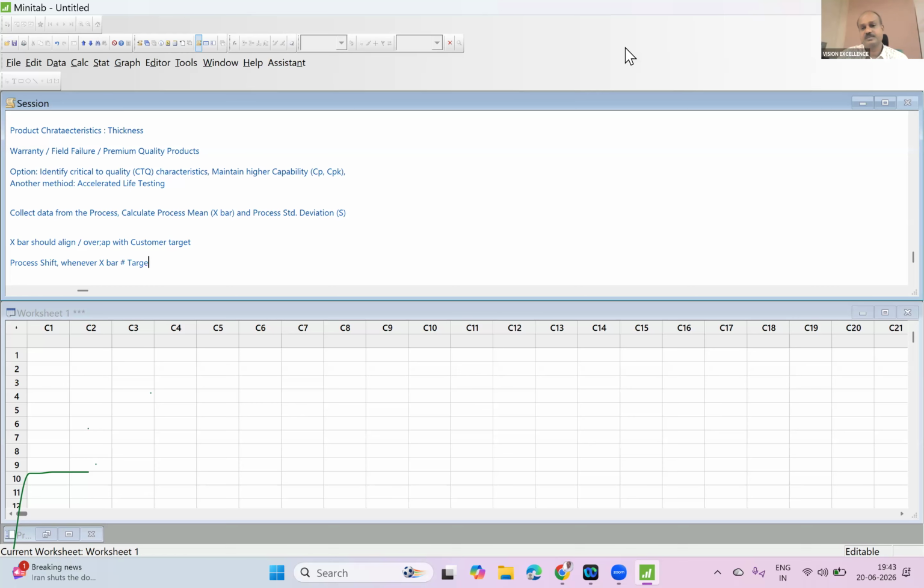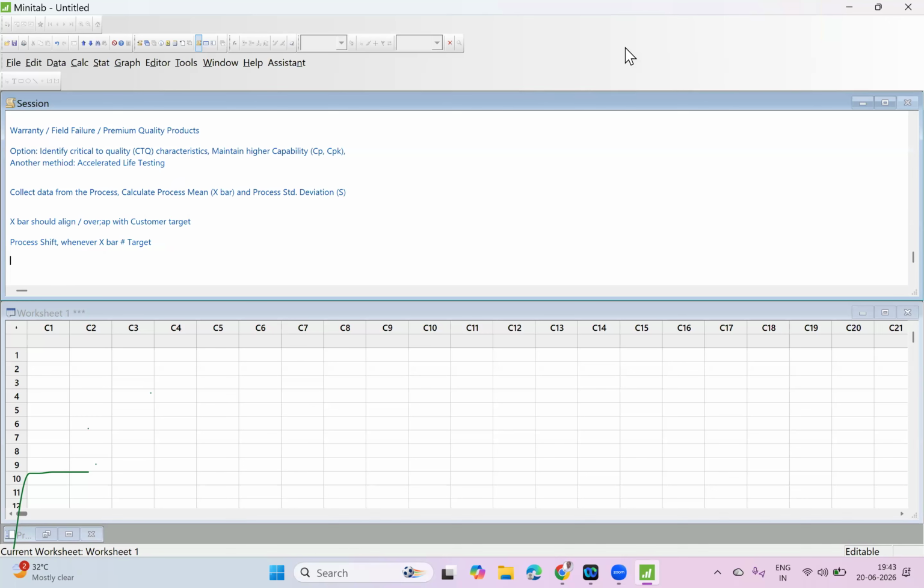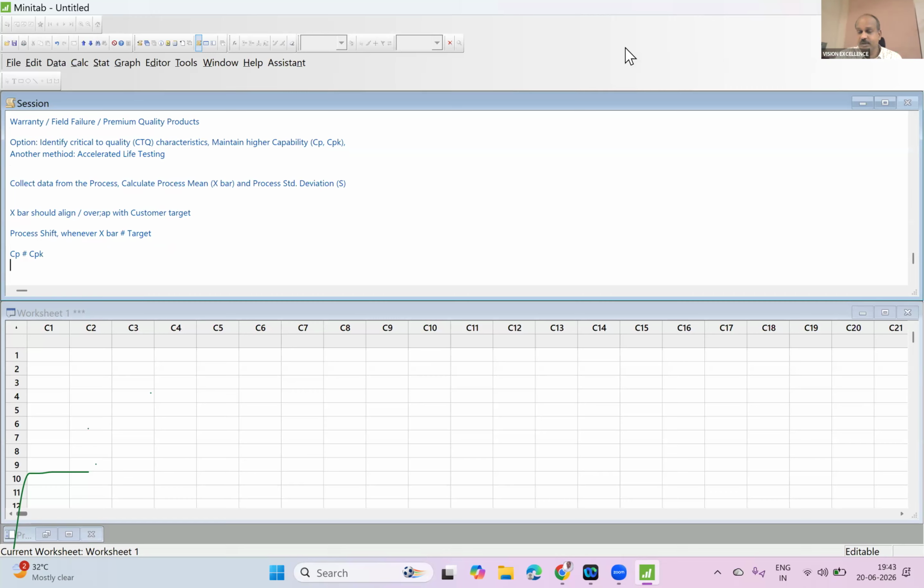Am I correct? Yes or no? At this condition, CP will not be equal to CPK. So this is the significance of getting your process average right on target.